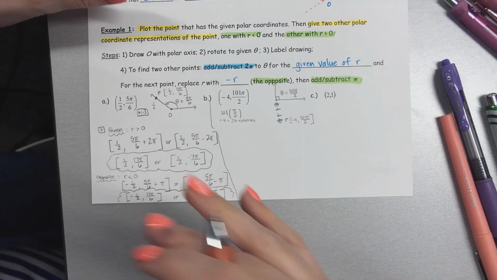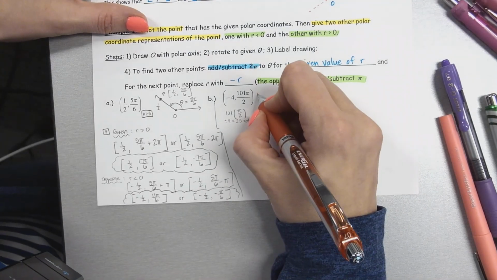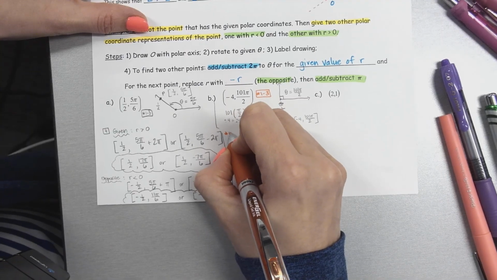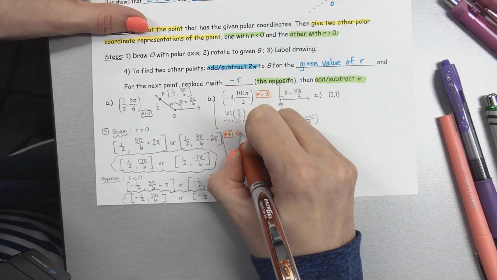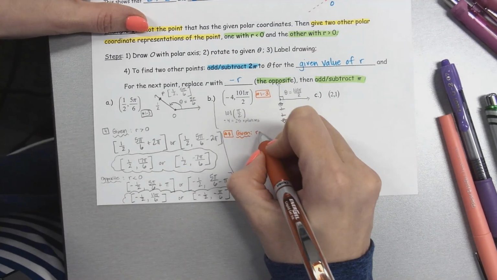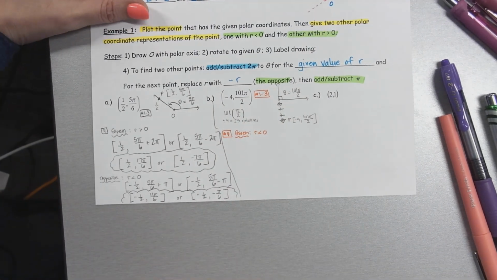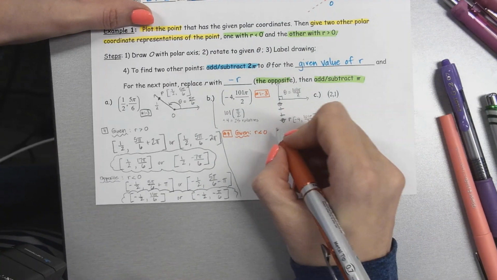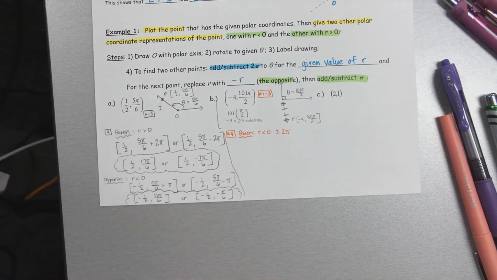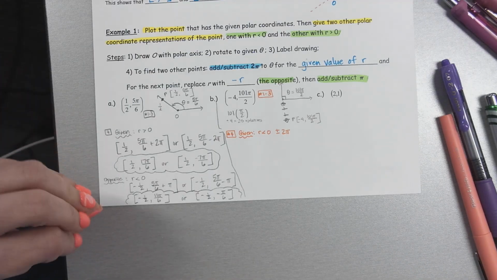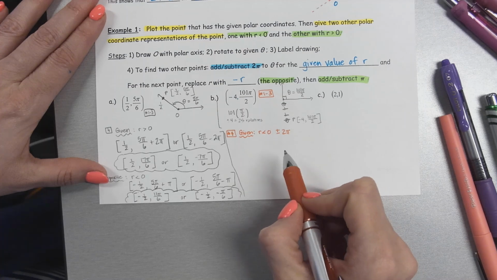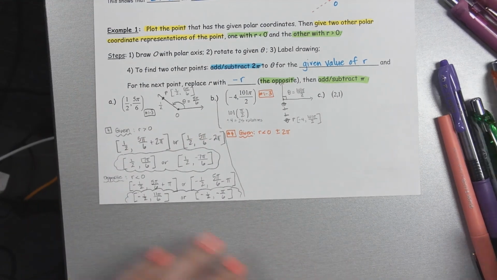So what we talked about yesterday is once you do your drawing, that's your steps 1 through 3. You're going to take your given value of r, and in this case, your given value is negative. That's okay. Whatever your given value is, that is when you add or subtract 2 pi, because you are trying to find 2 other locations on the circle. So this would be 1 full rotation counterclockwise and 1 full rotation clockwise.